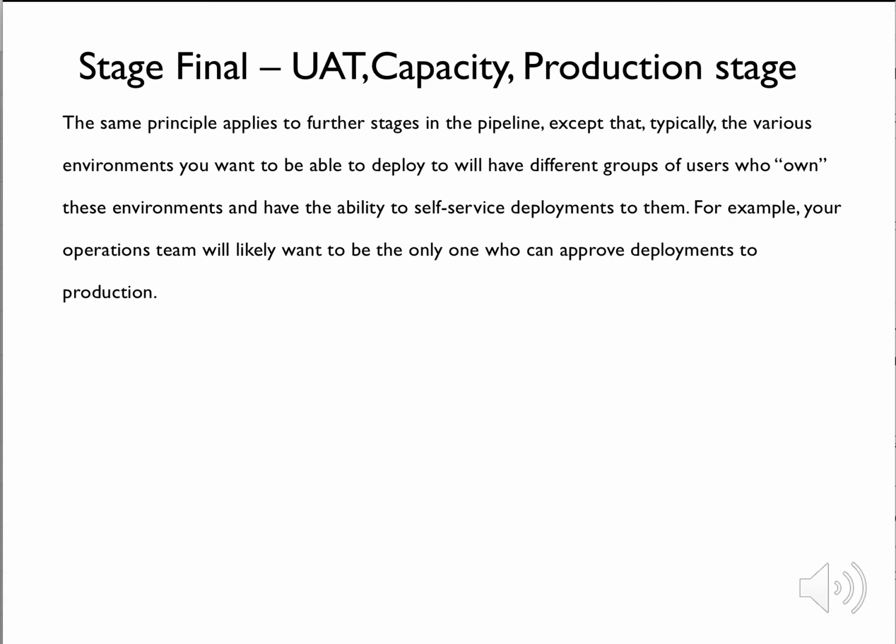There are organizations where environment owners are different, so the owners of those environments can do self-service deployment by using this release candidate build that you have identified in the acceptance test phase. So this will complete the overall continuous delivery stages.